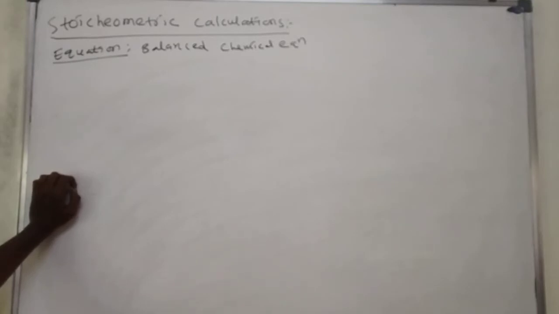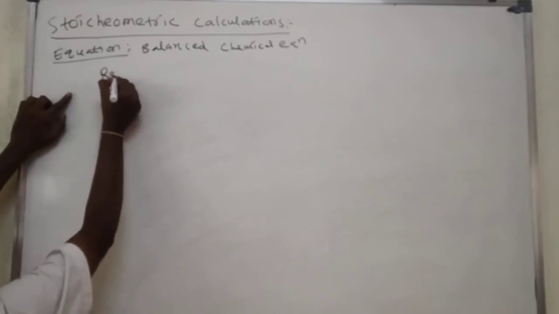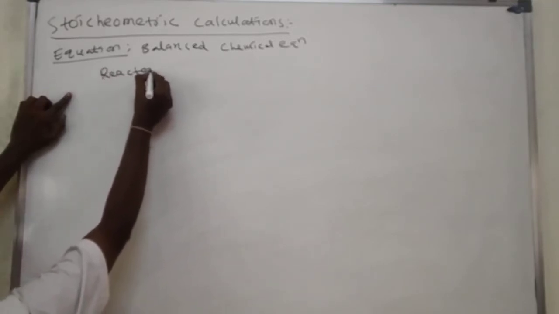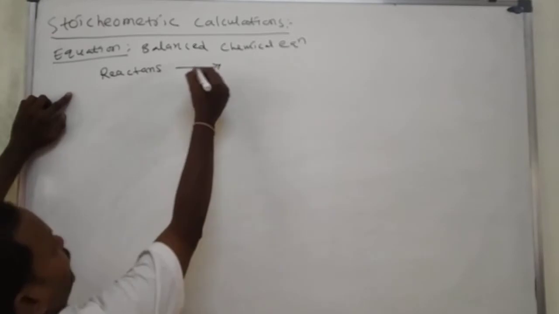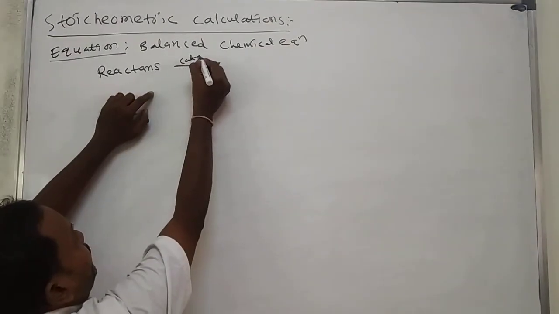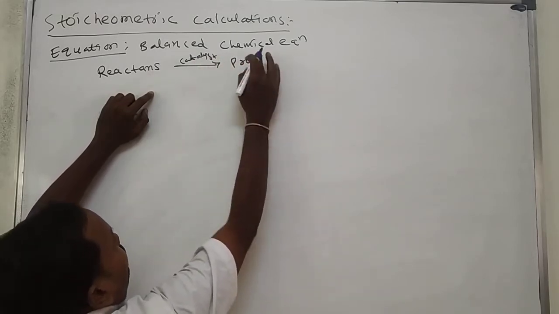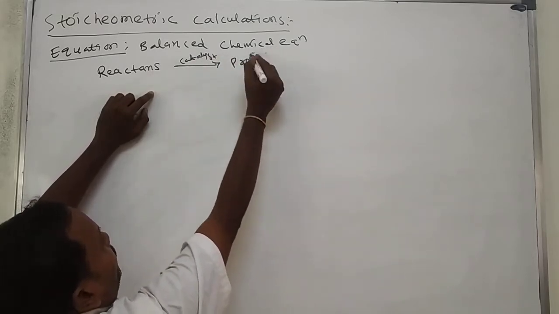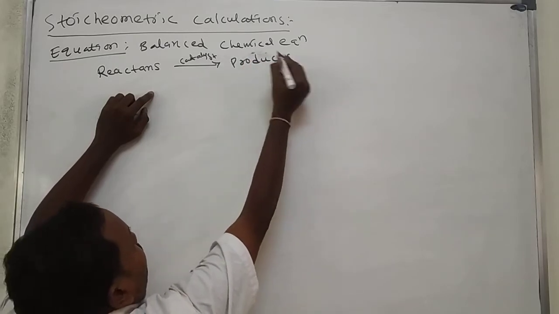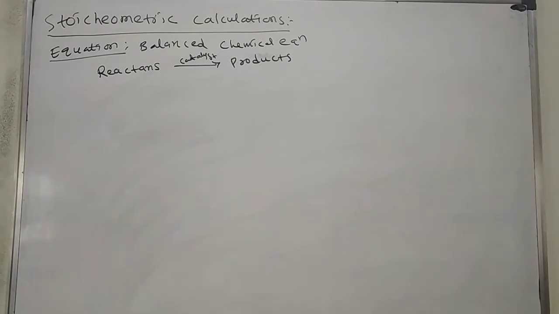What is the meaning of chemical equation? Here reactants react with any other element in the presence of a catalyst and form products.